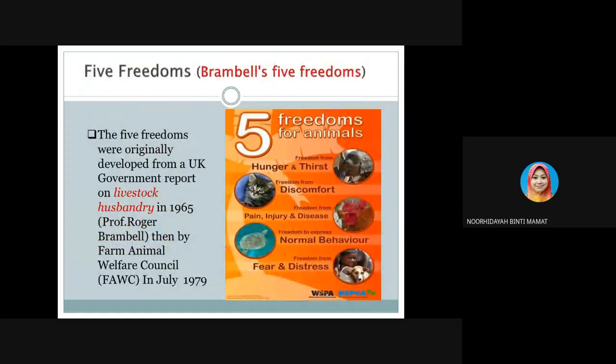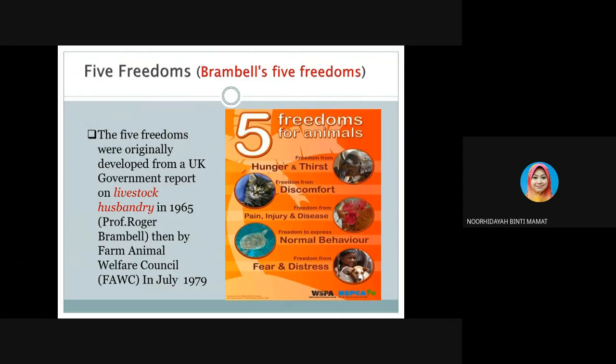As you remember, in our second last topic, we studied the five freedoms, or the Brambell five freedoms. These five freedoms originally came from a UK government report on livestock husbandry in 1965, which was based on the work of Roger Brambell. So these are the five freedoms for animals.